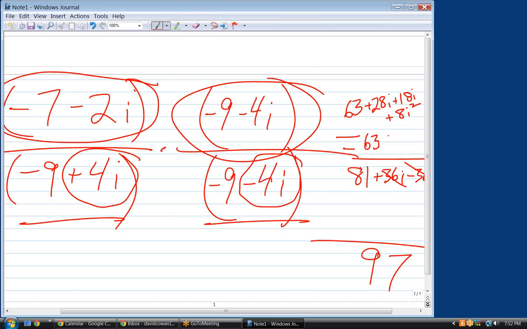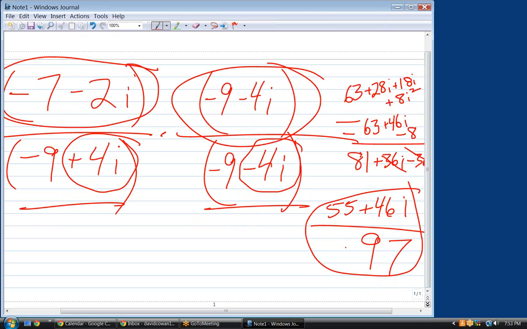63 plus, what is that? 46i. Minus 8. Simplify that. 55 plus 46i. Okay. So there's our answer. Now, it may be that your teacher wants it in standard form, which is a plus bi. I don't know. Would she accept this answer, or would she want it in a plus bi format?